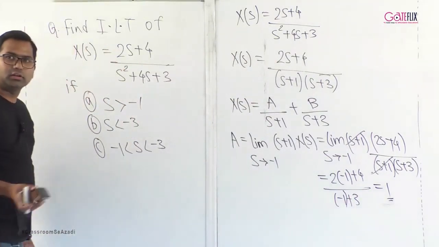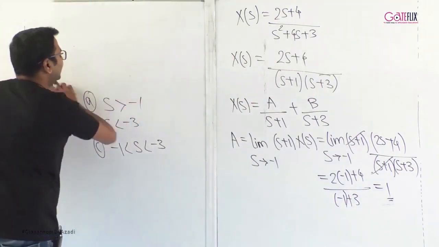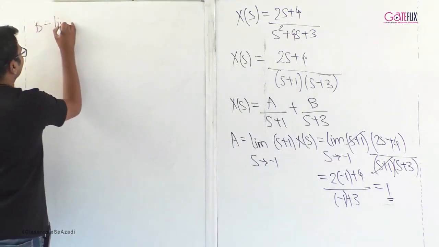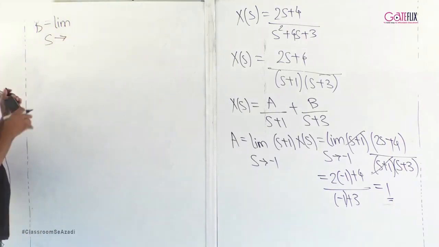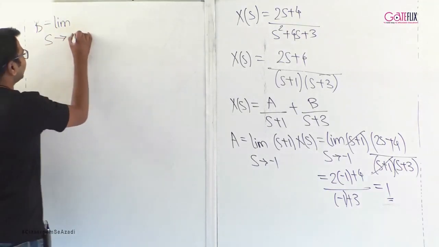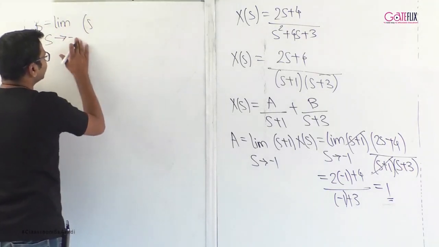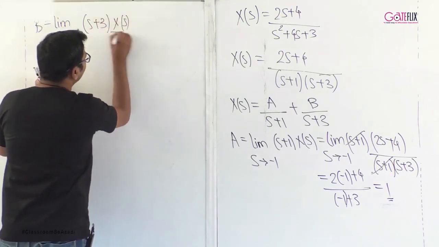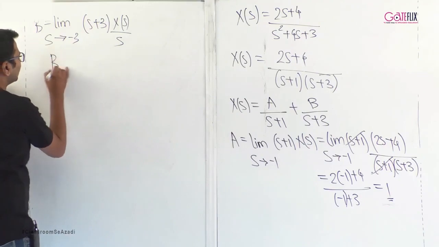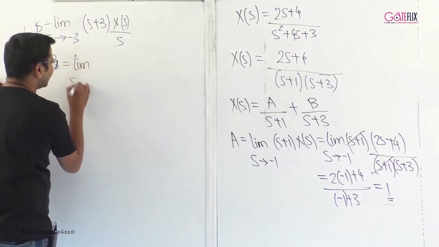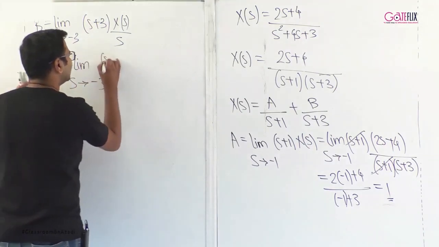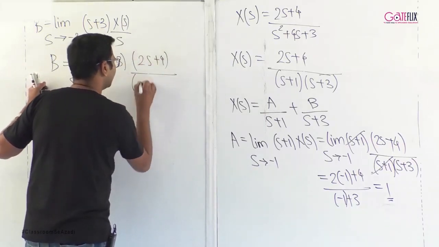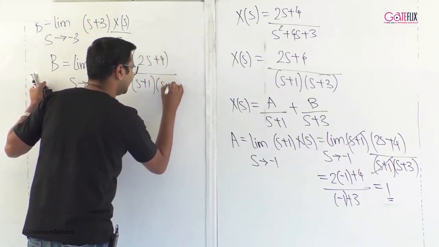Similarly, we can find the value of B. To find the value of B, we can write this as limit s tending to minus 3, s plus 3 into capital X of s. Therefore, we can write B as limit s tending to minus 3, s plus 3 into 2s plus 4 divided by s plus 1 into s plus 3.